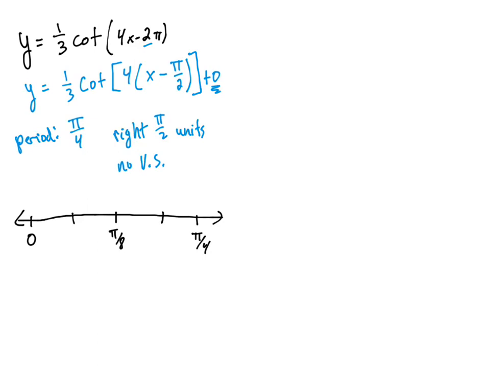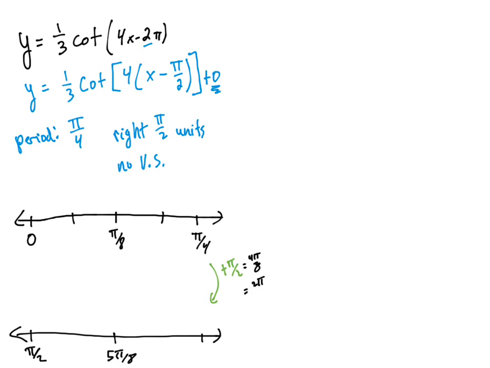So we're shifting to the right pi over 2. So we're going to add pi over 2 to each of these values. From 0, we're going to add pi over 2. And then I need to add pi over 2 to each of these other values. Pi over 2 is the same thing as 4 pi over 8, so this is going to be 5 pi over 8. It's also the same thing as 2 pi over 4, so 2 pi over 4 plus pi over 4 is 3 pi over 4.